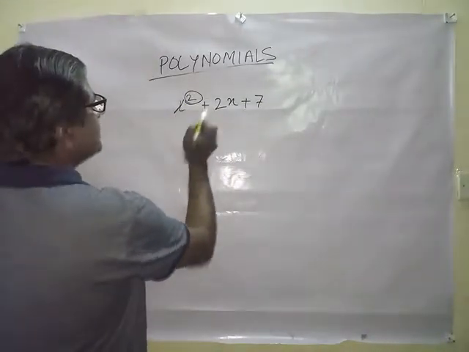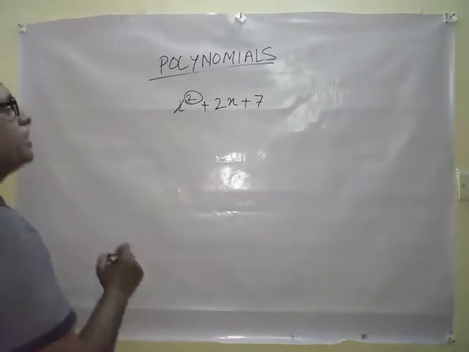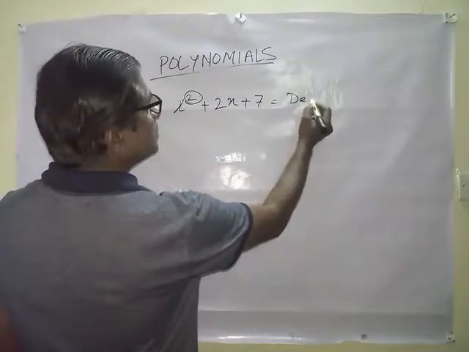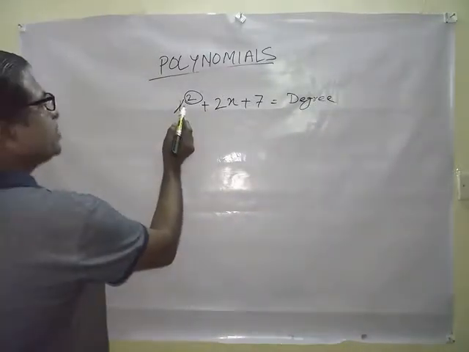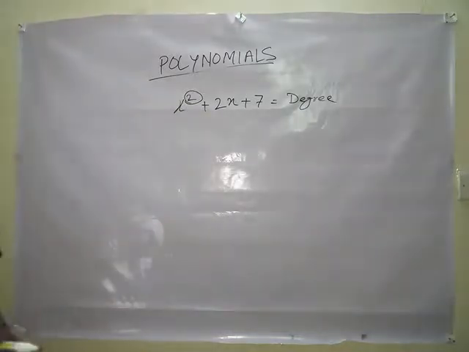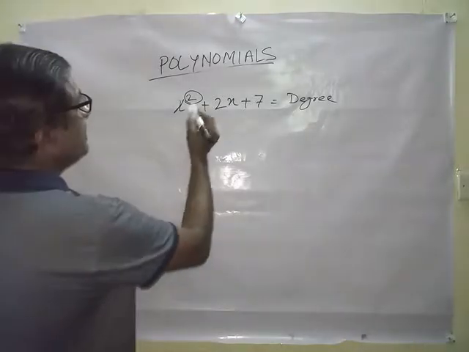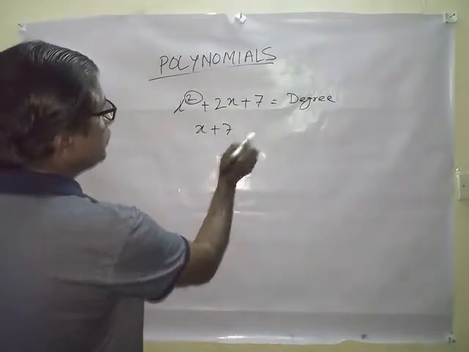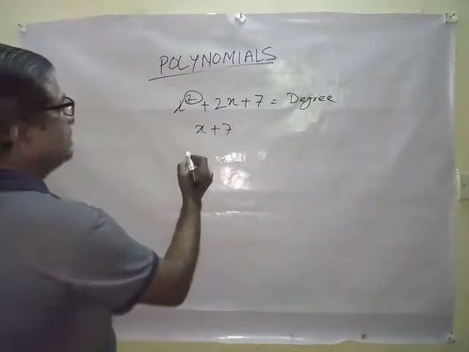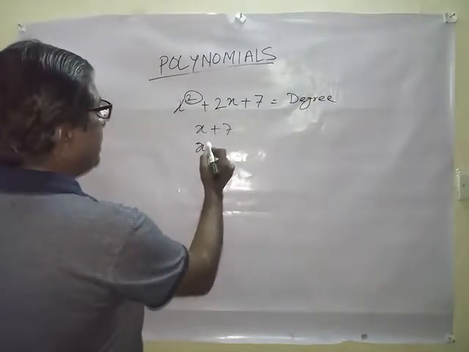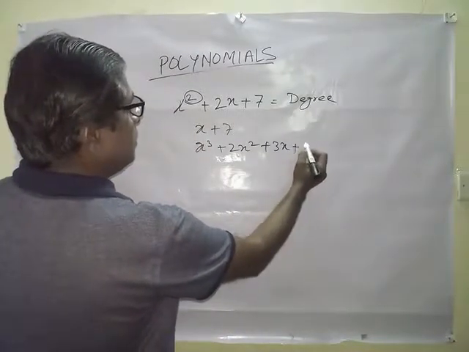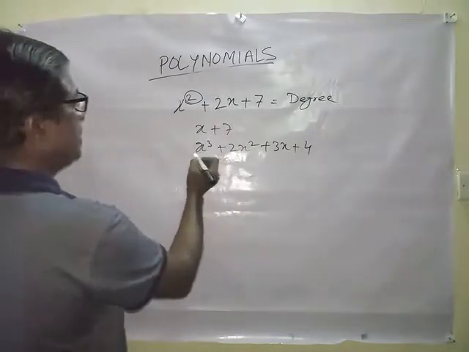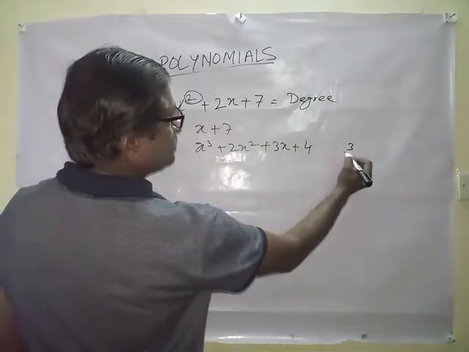The highest power, or the highest exponent, is called the degree. This means this polynomial equation is of degree 2. Similarly, there is a polynomial equation with degree 1, like x plus 7. And x cube plus 2x square plus 3x plus 4 is a polynomial equation with degree 3.